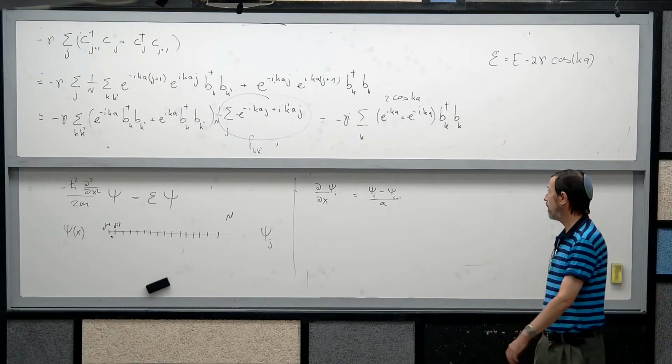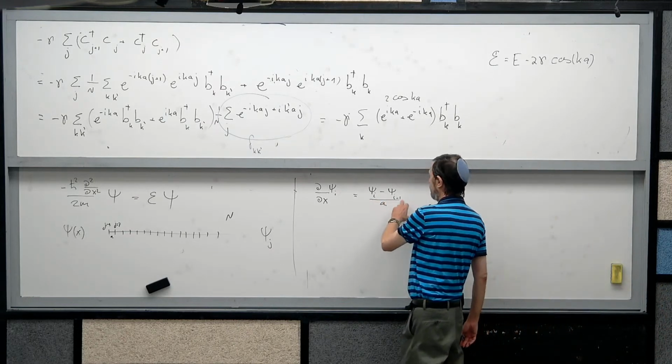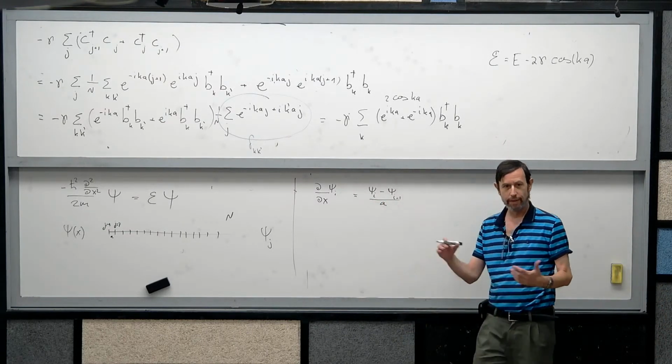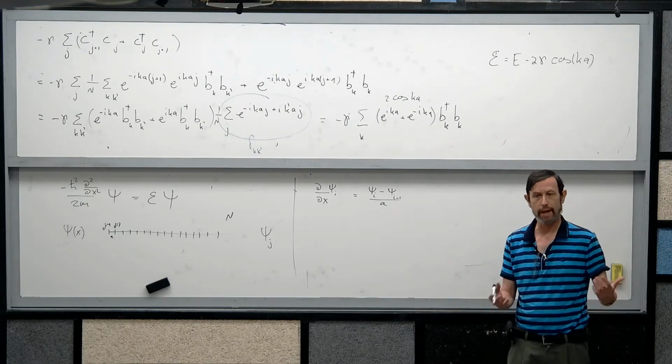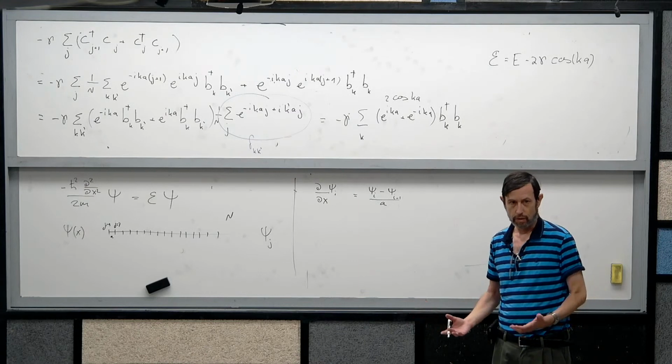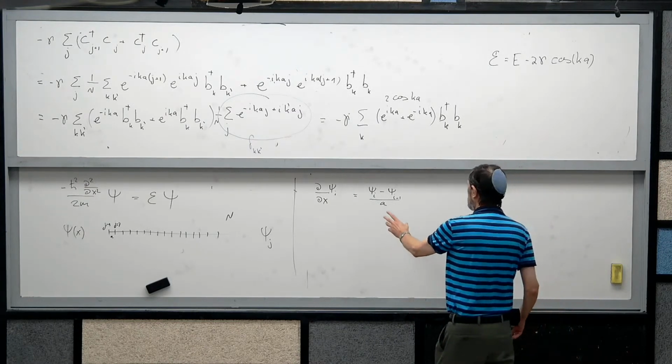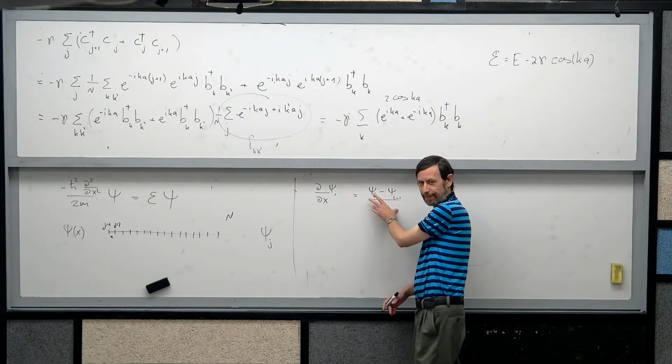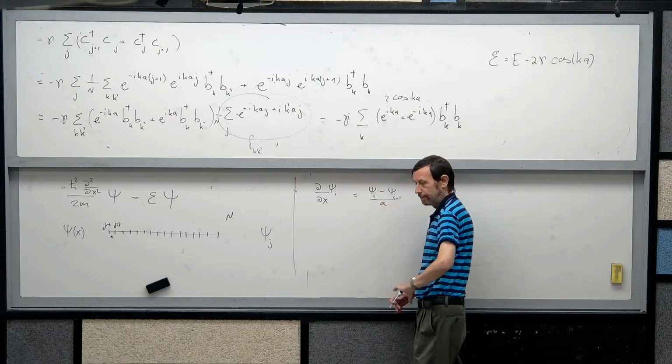You can take psi j minus psi j minus 1, or you could choose psi j plus 1 minus psi j, or something else. I'll compensate in the next stage.